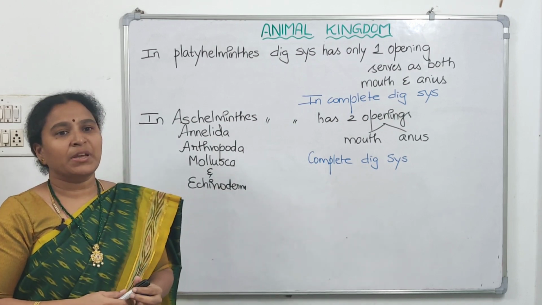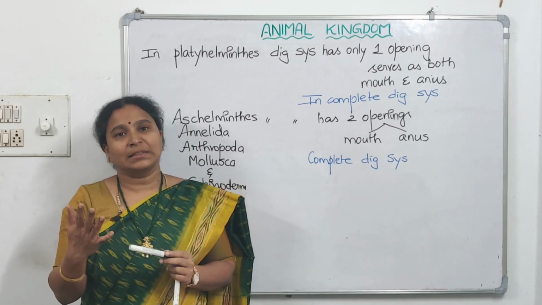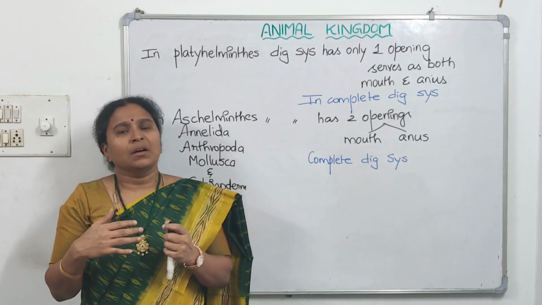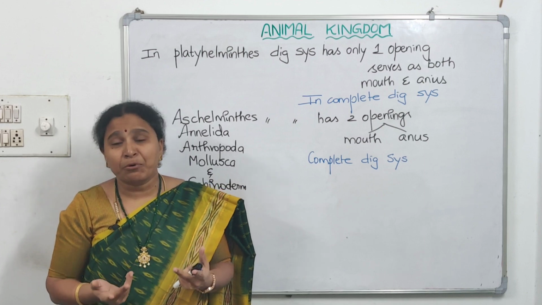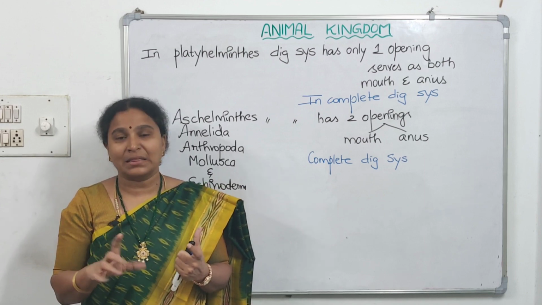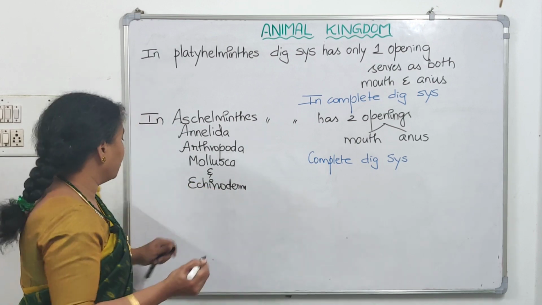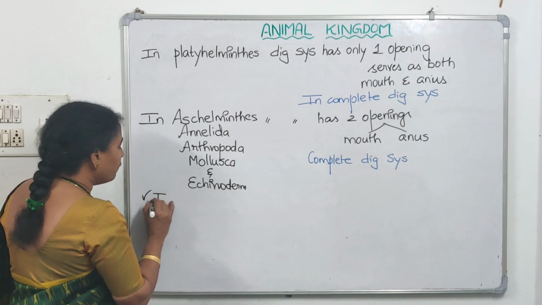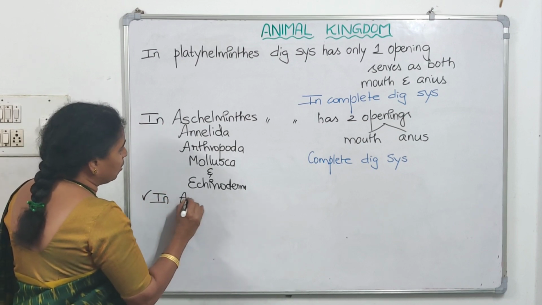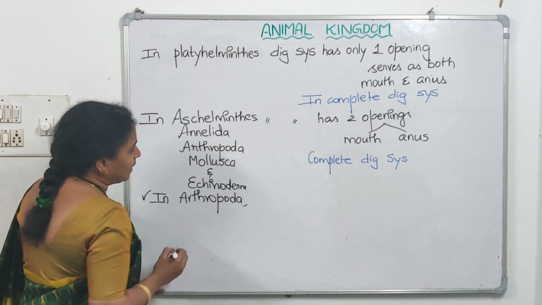In circulatory system we can say that now if the blood comes from the heart and if it is pumped outside, means blood vessels are poorly developed, the blood is coming out of the heart and all the organs are bathed in that. Such a circulation is called open circulatory system. Let us write down. So where do you find open circulatory system? In Arthropoda. This is one phylum we can say.